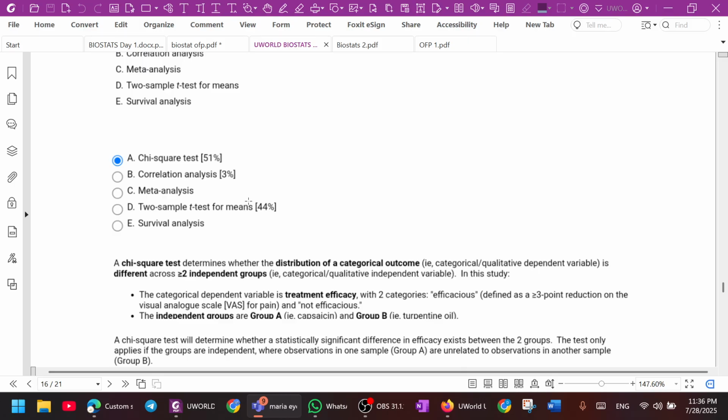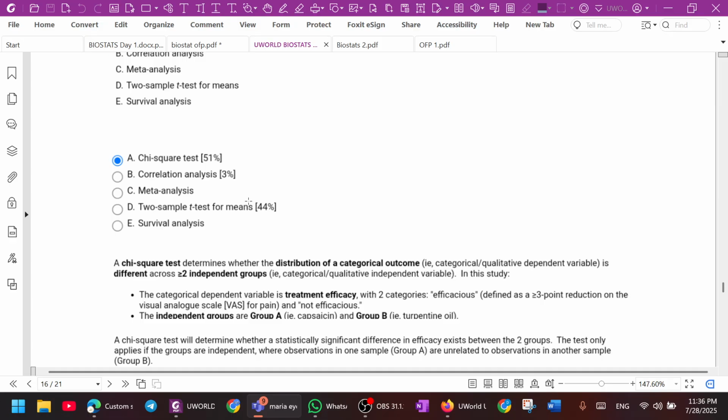Go ahead. A chi-square determines whether the distribution of a categorical outcome, a categorical or qualitative dependent variable, is different across two or more independent groups, a categorical or qualitative independent variable.